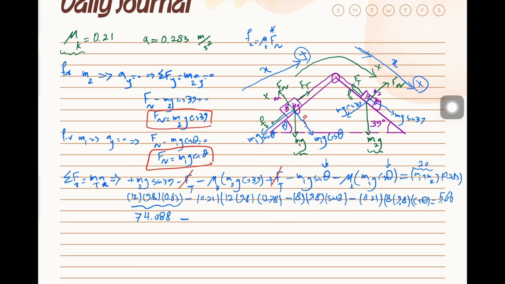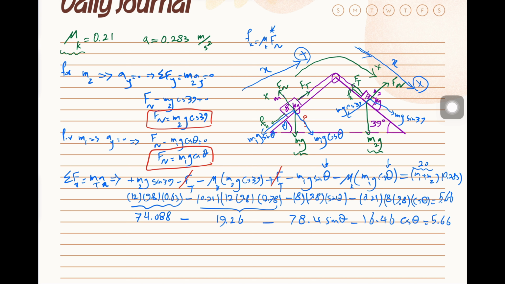And also this is 19.26 minus, so 8 times 9.8, so it is 78.4 sine theta minus 0.21 multiplied by 8 multiplied by 9.8, so then it's gonna be 16.46 cosine theta equals 5.66.